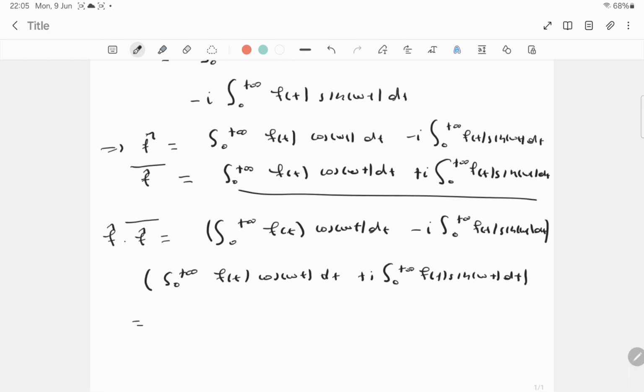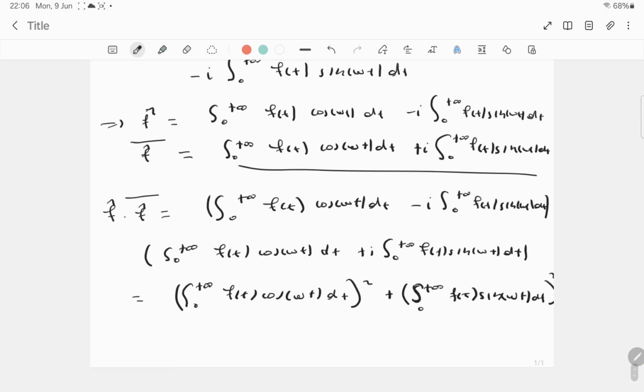So that is going to be what? The integral from 0 to infinity of f of t cos omega t dt, squared, plus the integral from 0 to infinity of f of t sine omega t dt, squared.